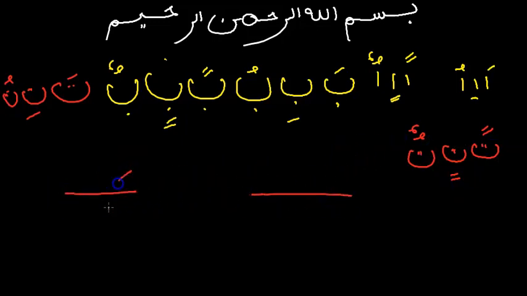Here we have fatha, kasra, dhamma, and here we have fathatayn, kasratayn, and dhammatayn. The pronunciation is totally different. This is a, i, u, an, in, un, ba, bi, bu, ban, bin, bun, ta, ti, tu, tan, tin, tun, fa, fi, fu, fan, fin, fun.